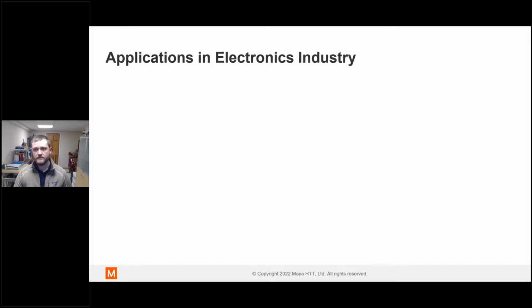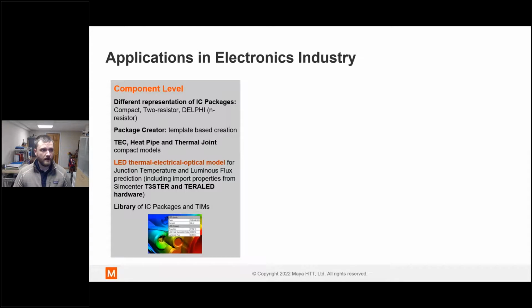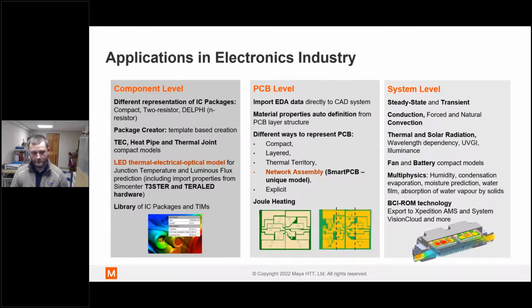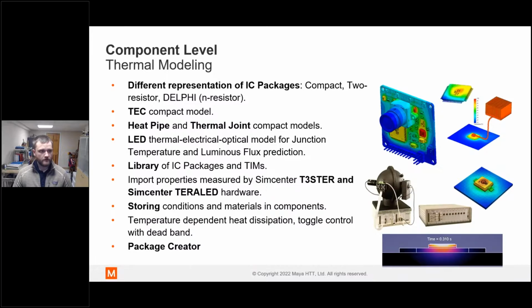So applications within the electronics industry, we mentioned a little bit. We know that this can happen at the component level within FlowEFD, PCB level, as well as the system level. So at the component level, we mentioned different representation of IC packages. We can do a compact 2-resistor, as well as the Delphi N resistor model.